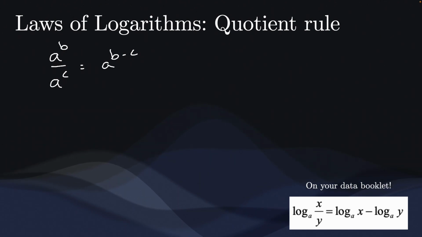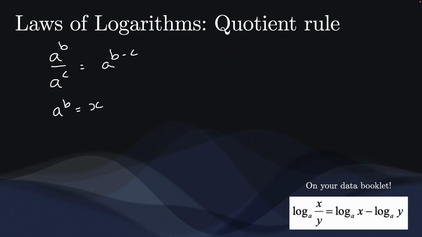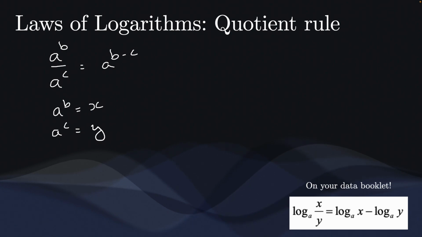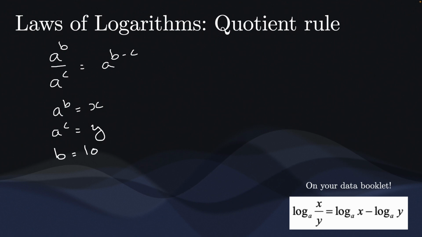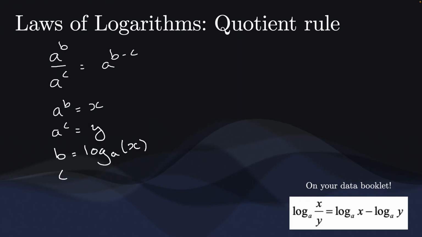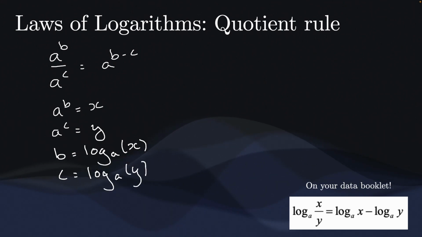So what we can do is say a to the b is x, and a to the c is y. And therefore we can say that b is equal to log base a of x, and c is equal to log base a of y. You can put that all in a bracket.